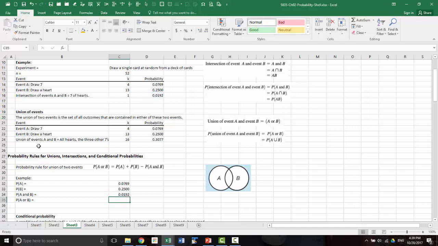Now let's apply this rule and verify that it will be equal to this probability. The probability of the union is the probability of A plus the probability of B minus the probability of the intersection of A and B, and that is exactly the same as what we got previously.